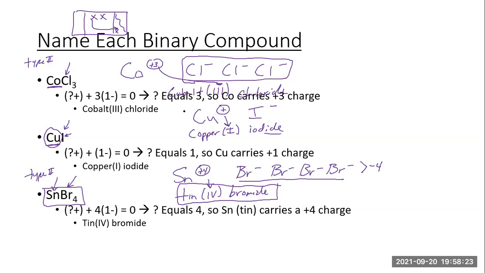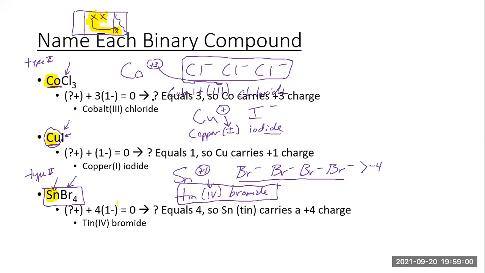So when we look at all of the metals that are here, pretty much in this example, the cobalt is in the transition metal region, the copper is in the transition metal region, the tin is just to the right of the transition metals, and pretty much everybody in the transition metal region and kind of to the right of it are what are considered type 2 metals, which basically means that they can have a variable charge, which is why we do have to include the Roman numerals in this case. And that's again how we know it.